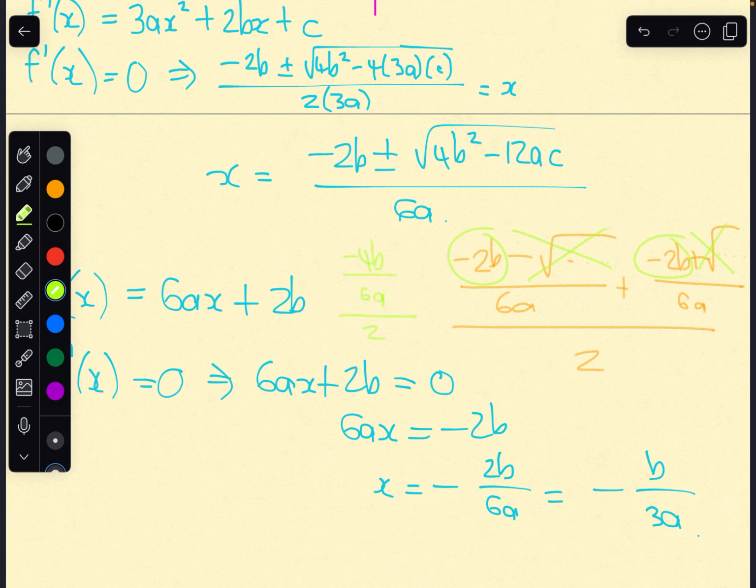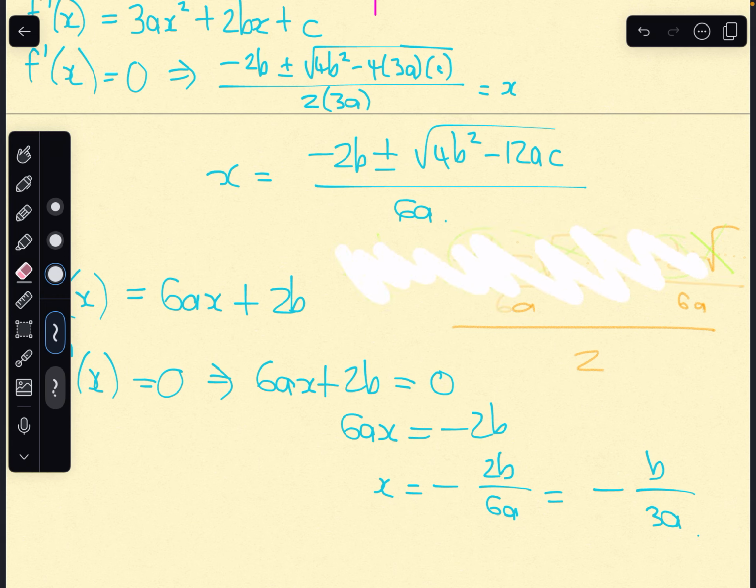So this simplifies to minus 2b over 3a over 2. If you halve this fraction, you get just minus b over 3a, which is indeed the x value of the point of inflection. Okay, so happy with that.